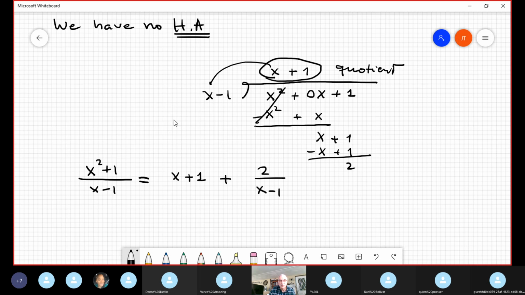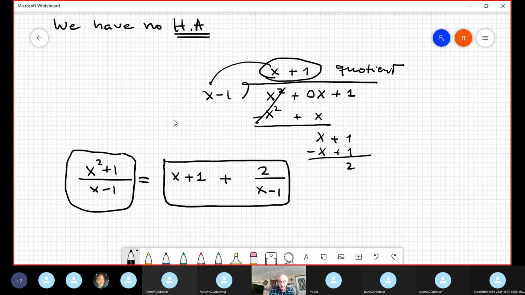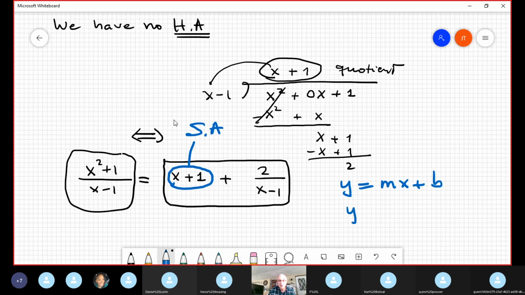This and this are equivalent 100%. But in this case, you see clearly that this part represents the slant asymptote. Remember, y equals mx plus b. In our specific example, y equals x plus 1. The b is 1 and the slope is 1.